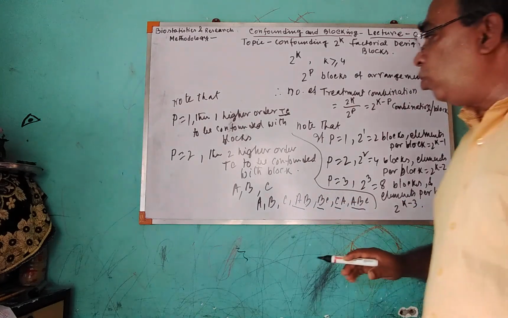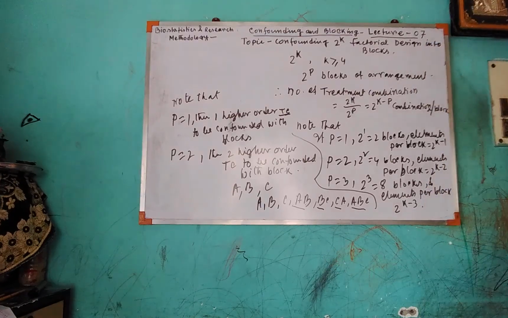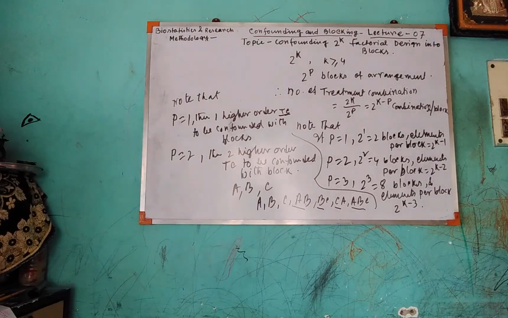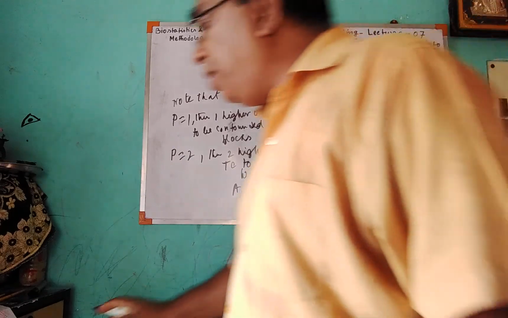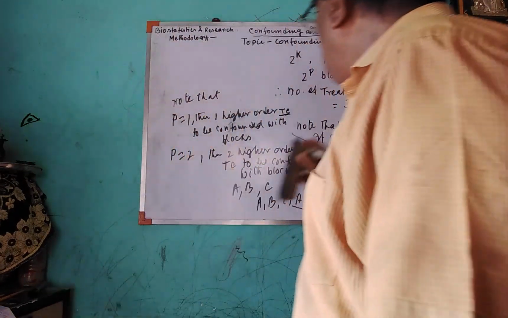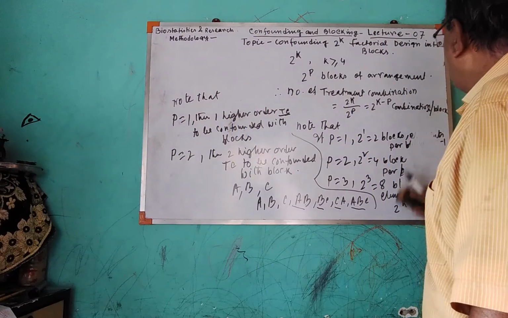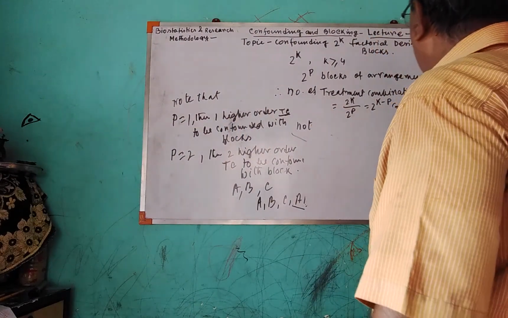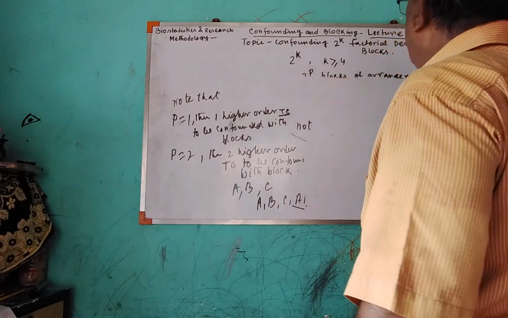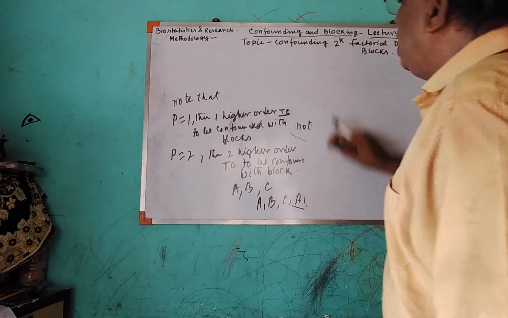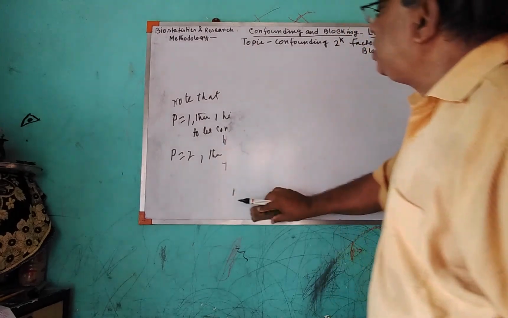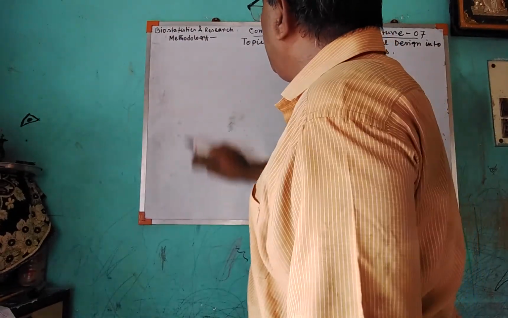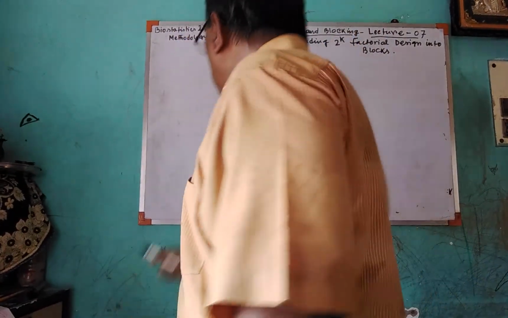Okay. So now let's see an example. You will understand clearly. So what is our aim? Our aim is first to find the principal block, the elements of principal block. This is our main aim.